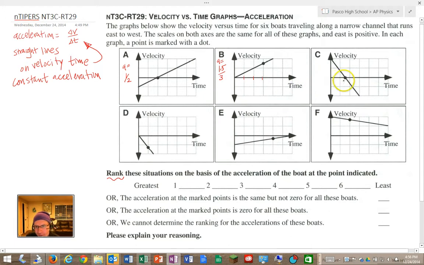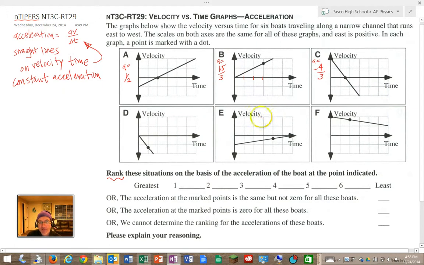This one right here, although the velocity is 0, what we're trying to do is acceleration. Acceleration is still negative, so this is a negative velocity. This is rise over run, let's see, -4 over 3. So that's the acceleration.